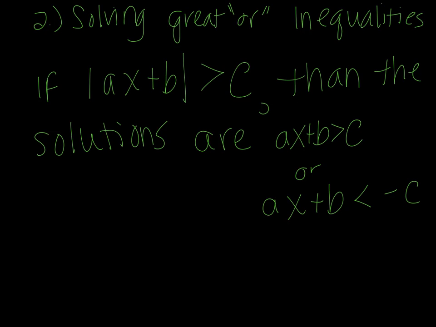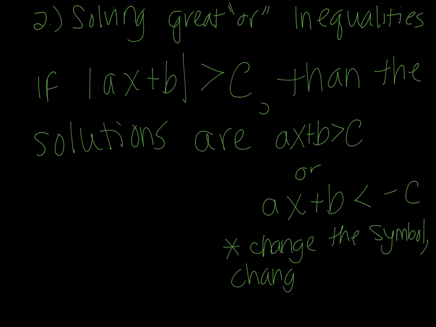You're going to keep the first one exactly the same, and then the second one you want to change the symbol so it becomes less than, and change the sign of whatever c was. Whatever c was, you make opposite.